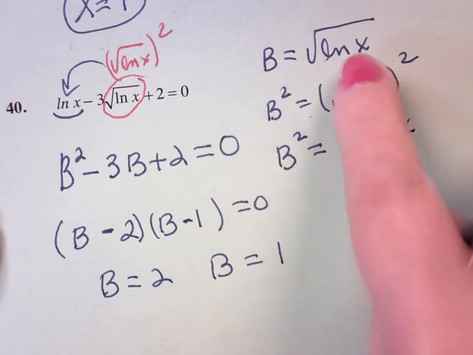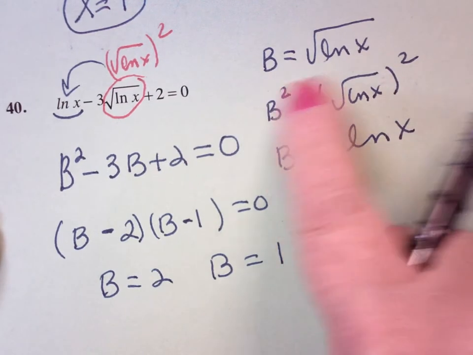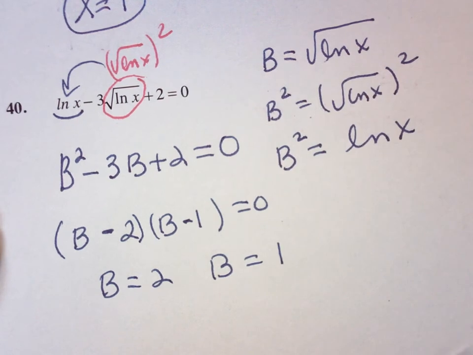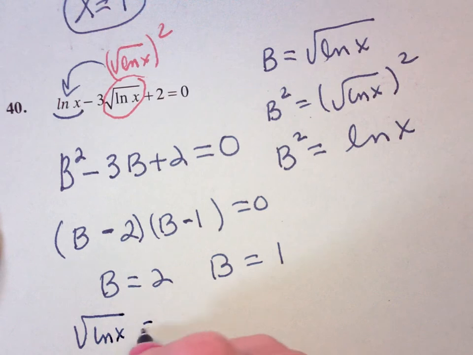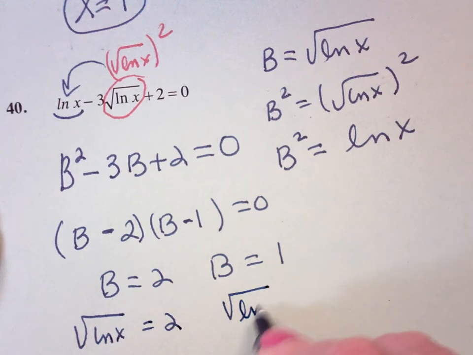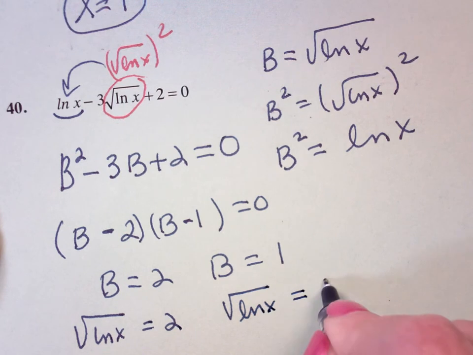If b is 2, b is the square root of the natural log of x. That's equal to 2. b is the square root of the natural log of x. That's equal to 1.